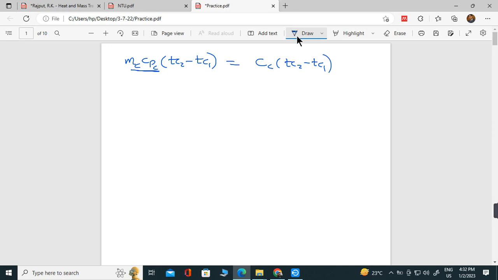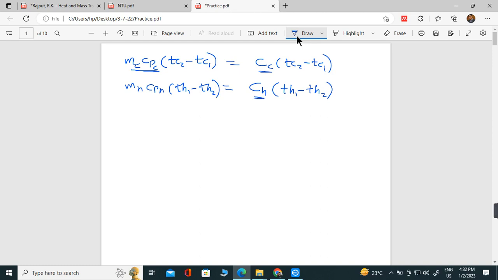Then we know MH, CPH, TH1 minus TH2. Combined it is known as CH. So you will have to remember CC and CH.